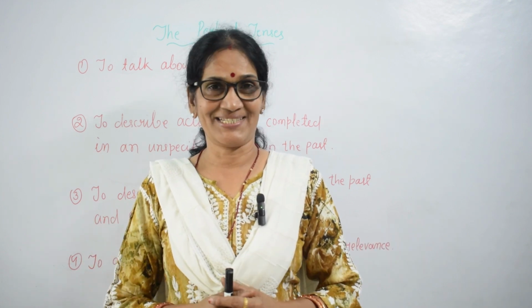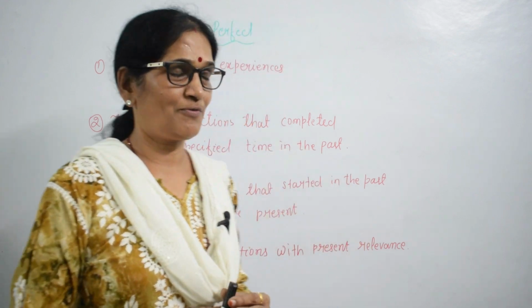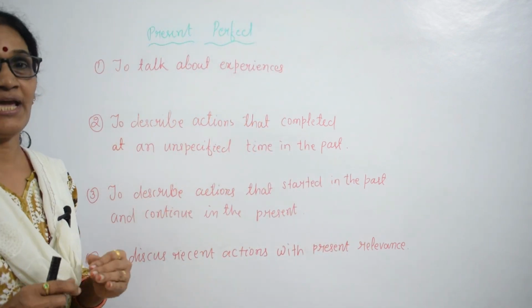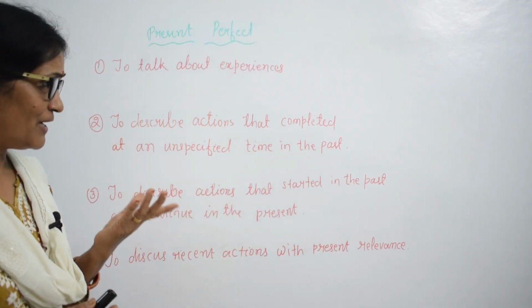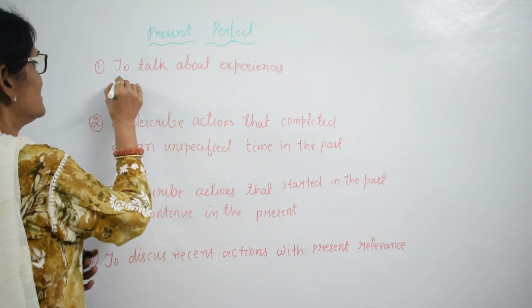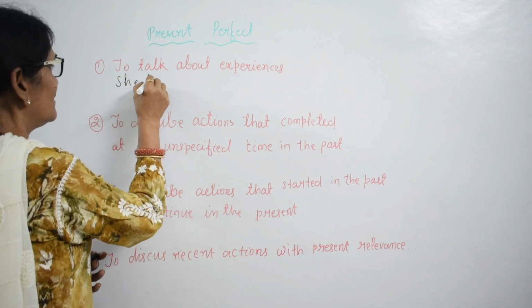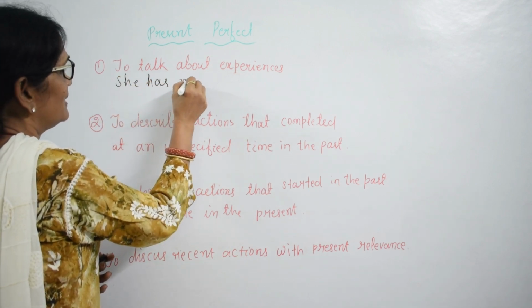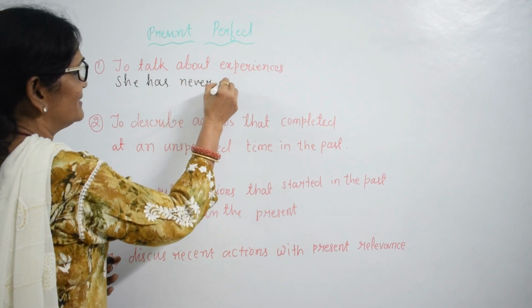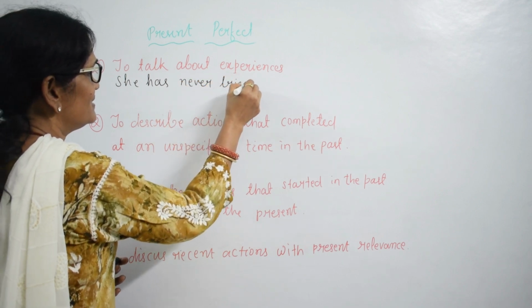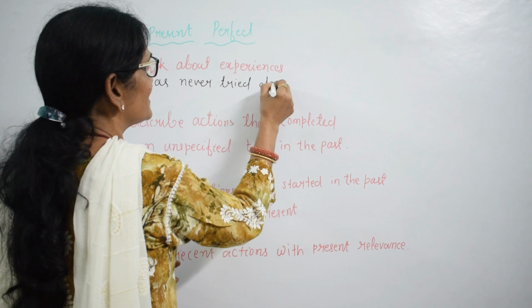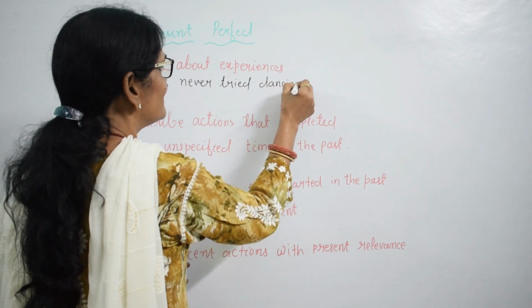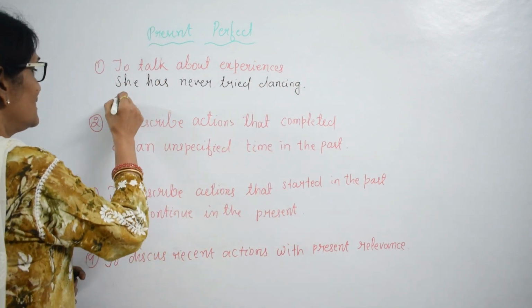So let's get started. We use present perfect to talk about experiences. For example, she has never tried dancing.